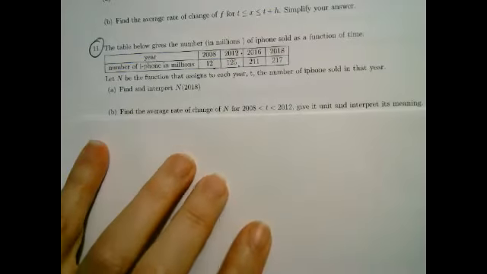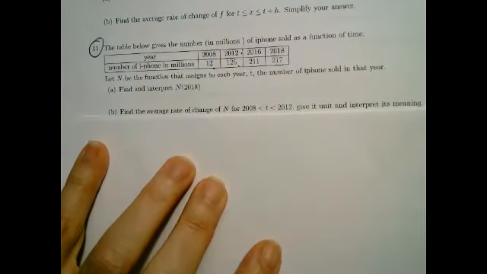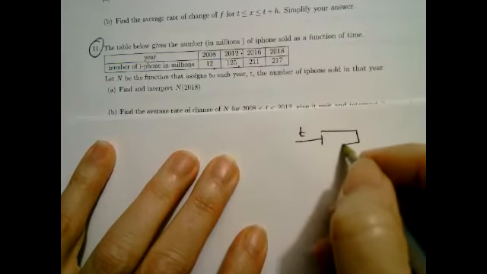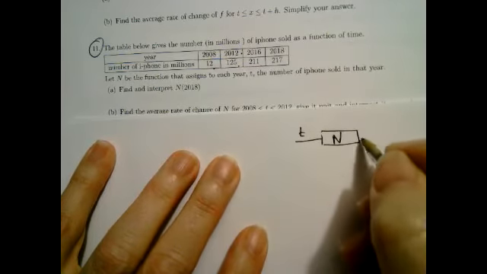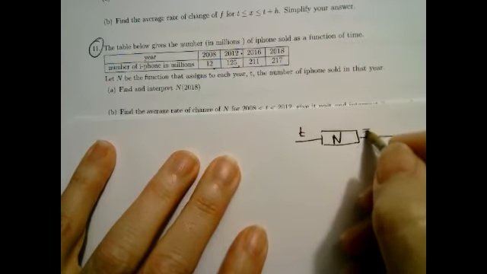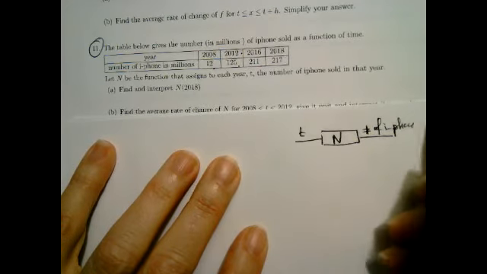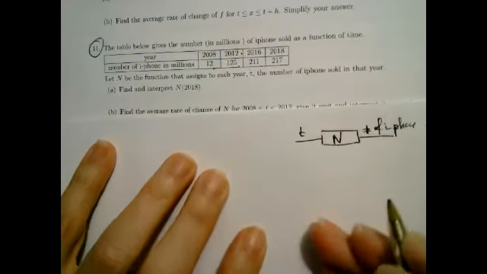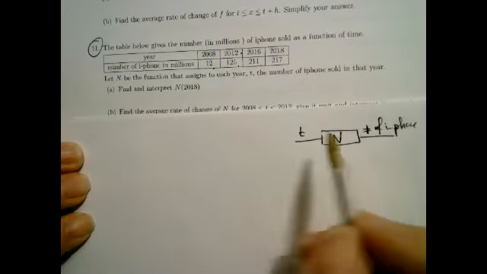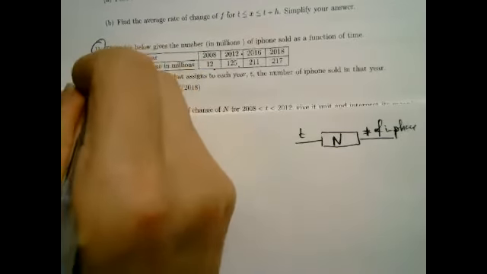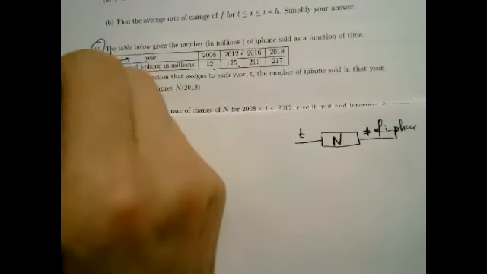Okay, so the question is, let N be the function that is assigned to each year t, so t is my input, and it is assigned the number of iPhones sold. That's really my output, the number of iPhones sold. Right? So that's my N. So this is the year, that's the t, the time, and this is the number of iPhones in million.